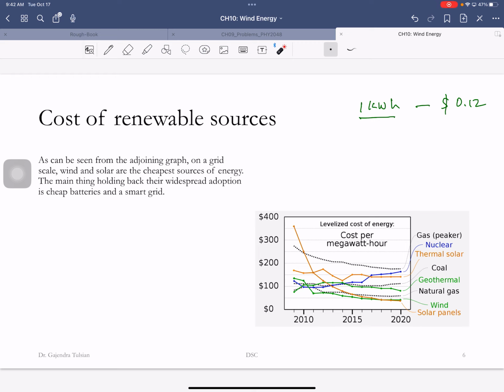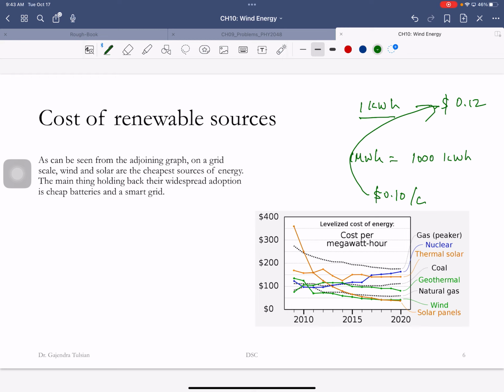One megawatt hour is 1,000 kilowatt hours. Mega is a million. So if you divide this by 1,000, if you're producing electricity by coal, it's costing FPL, according to this, 10 cents. And they're selling it to you for 12 cents.